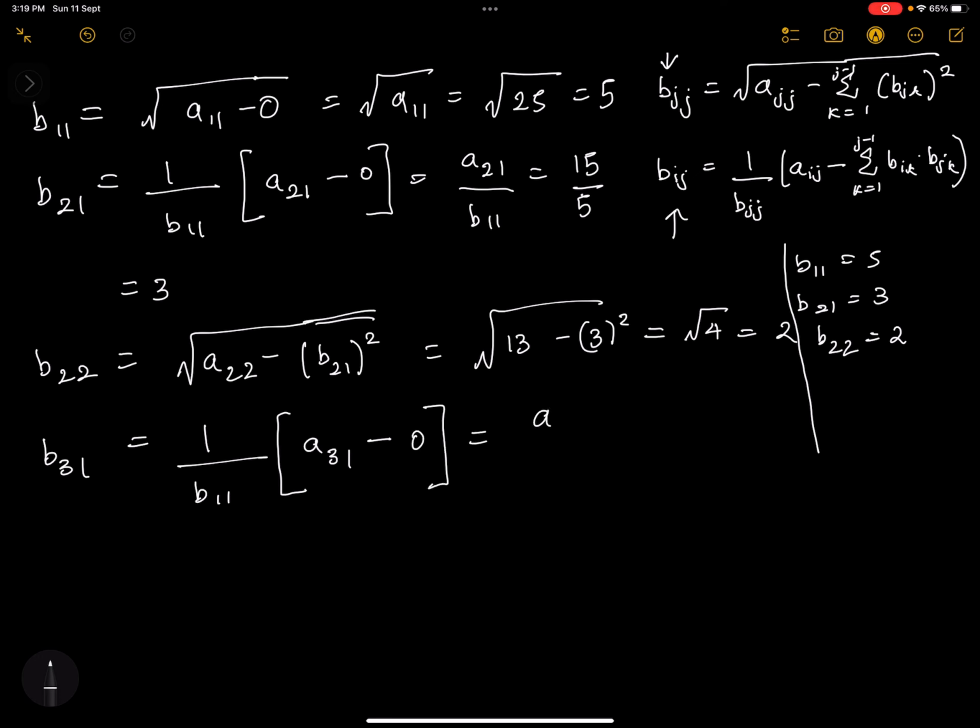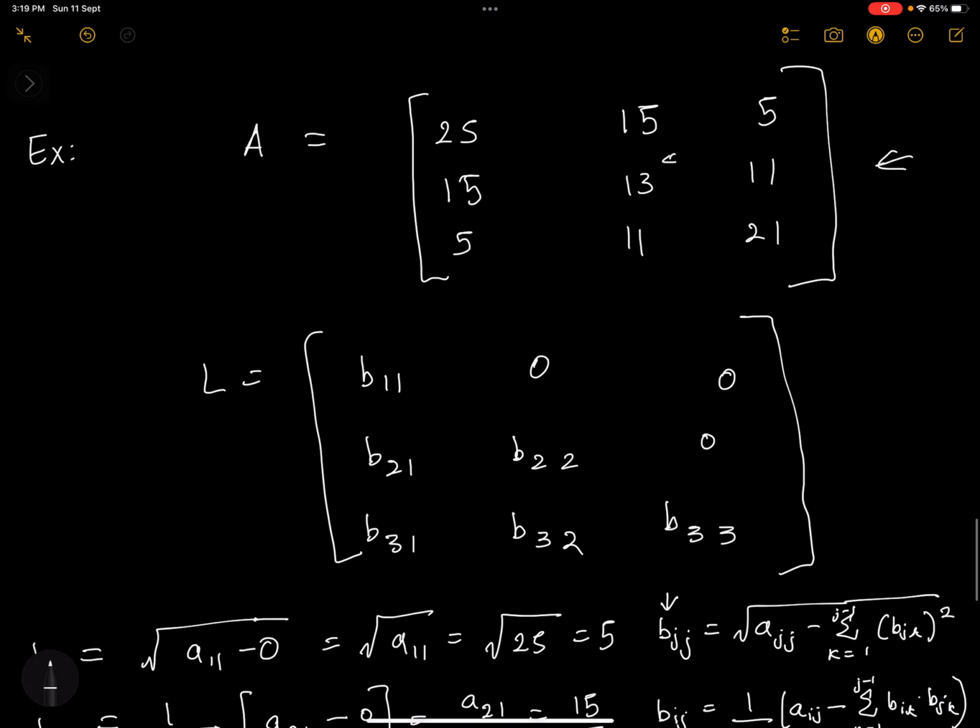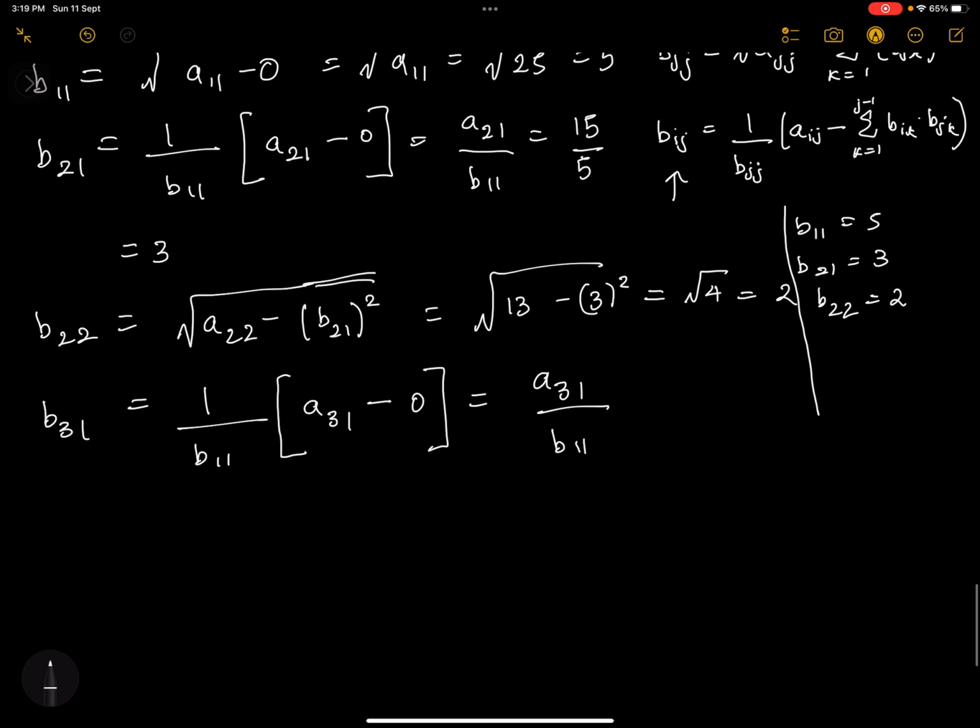So now you will have a31 divided by b11. a31 is given as 5, and b11 we found to be 5. So this would mean that b31 is equal to 1. Now b32 is again the instance where i is greater than j.